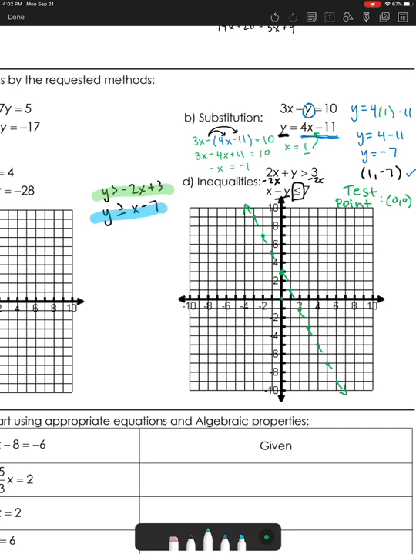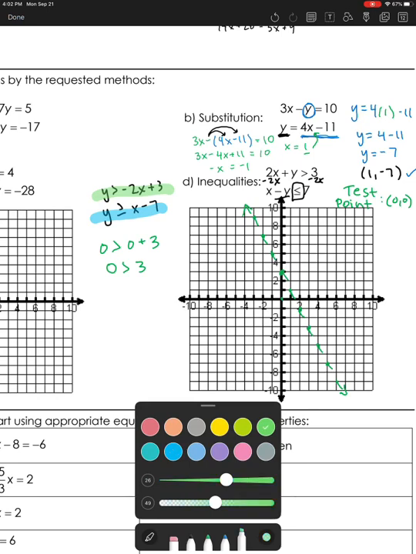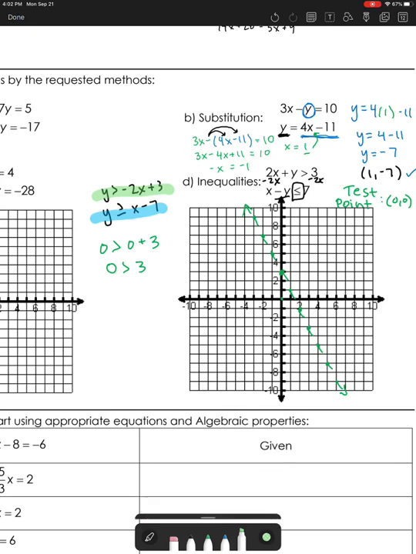And so when I plug that in to the first equation, I get 0 is greater than 0 plus 3, because negative 2 times 0 is 0. 0 is greater than 3, which is not true. So that means I am going to shade the other side of the graph. Since 0, 0 is on the left side, I'm going to shade the right side. Awesome. So, okay, graphed the first inequality.